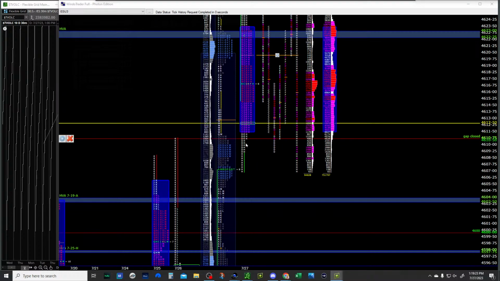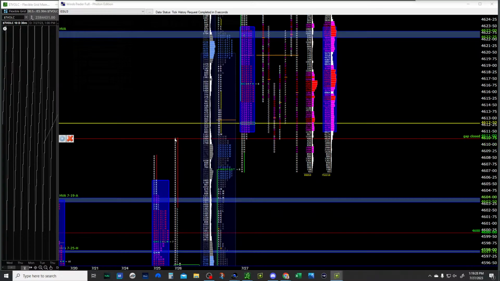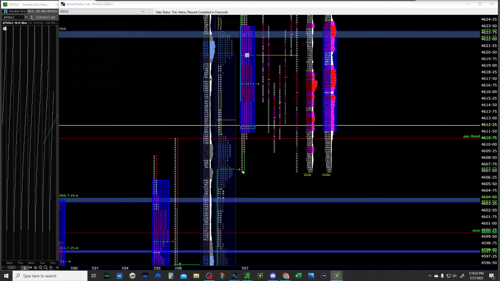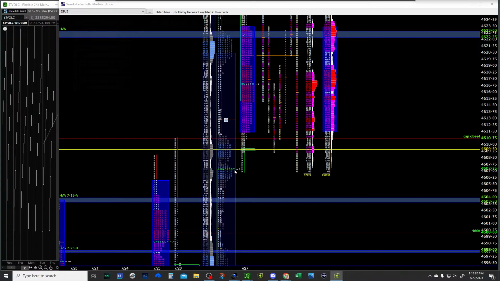Remember, this low here, we were talking the market is being bought from the high of the 6-day range. Now we have excess in the lower side. However, with the excess on the lower side, the market's right at POC.